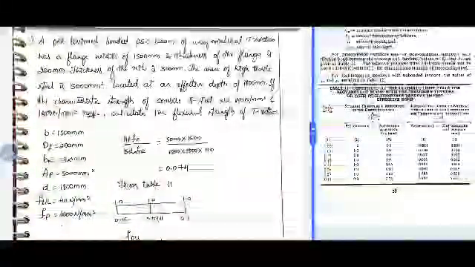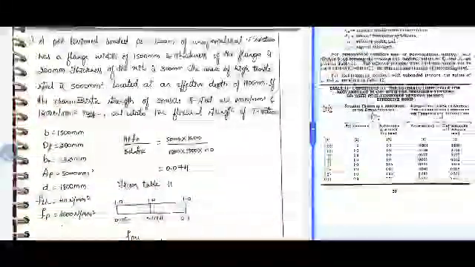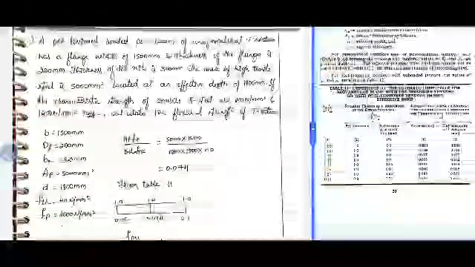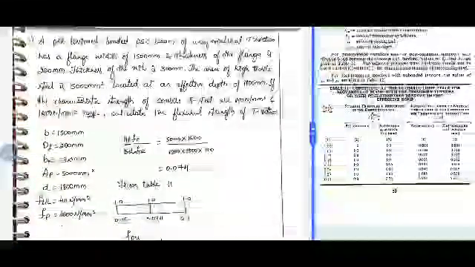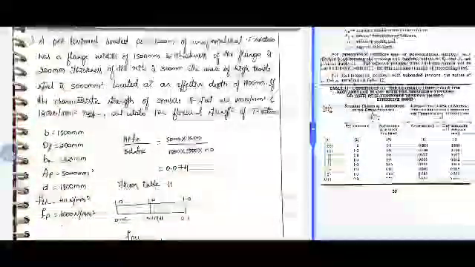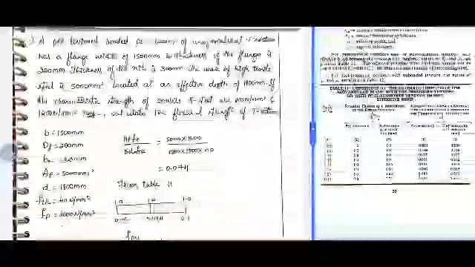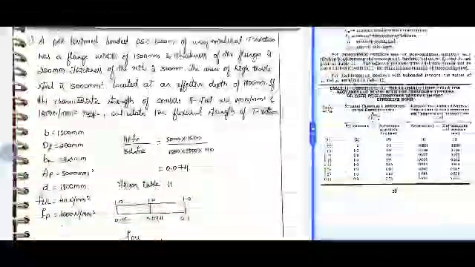Here first let us take down the given data. B, the width of flange, is 1500 and depth is 200 mm. Width of web is 300. Area of pre-stressing steel is 5000 mm square and effective depth is 1800 mm. FCK 40 Newton per mm square and FP 1600 Newton per mm square.